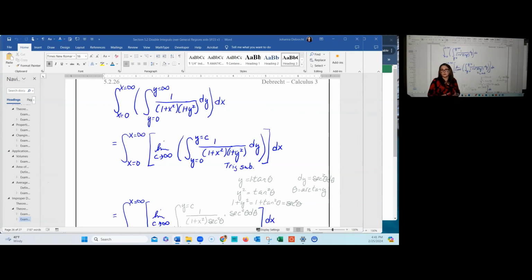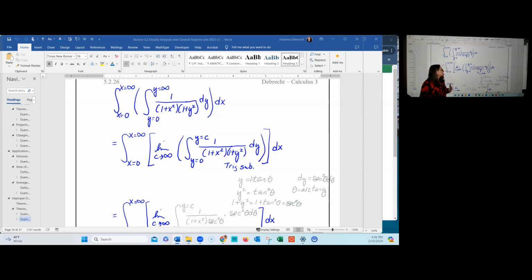Let's take a look at what's involved in solving this improper integral without noting and taking advantage of property 6, which splits it into two integrals of a single variable multiplied together.